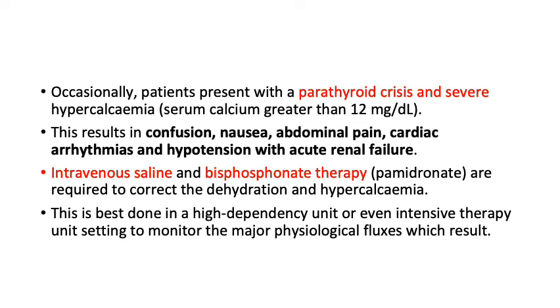Treatment for this crisis will start with intravenous saline and bisphosphonate therapy required to correct the dehydration and hypercalcemia. And this patient should be treated in a high dependency unit or even an intensive therapy unit to monitor the major physiological fluxes which result.